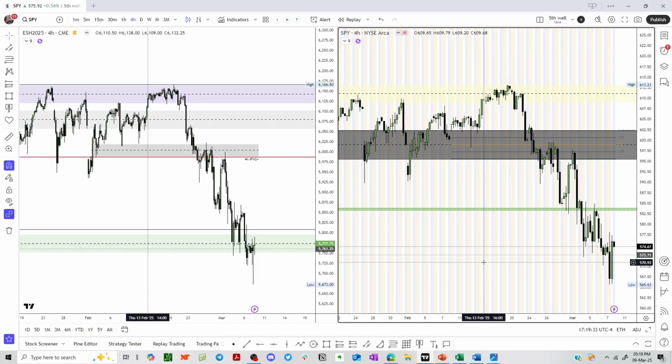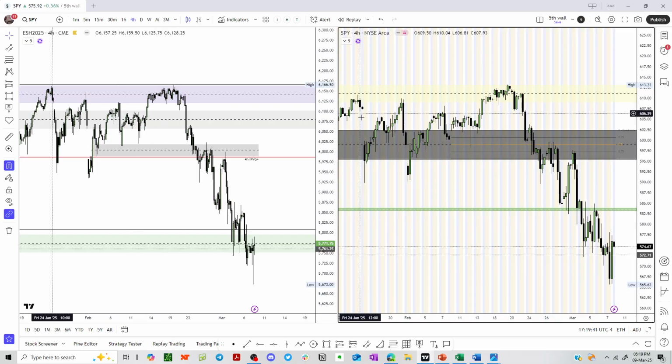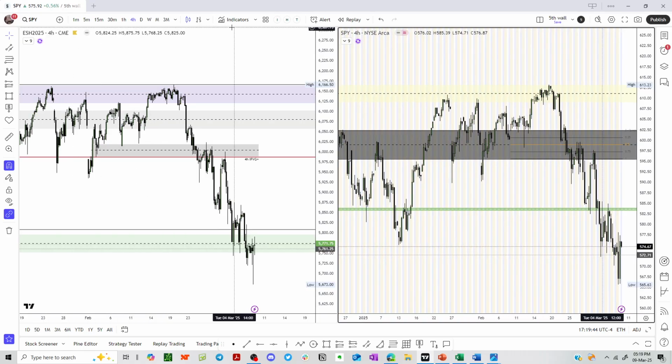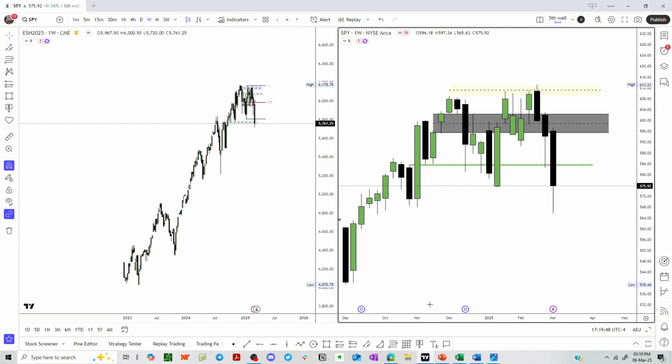We could have done the same thing with those two volume imbalances, or I just incorporated that volume imbalance into the fair value gap. You say, why did I do that? That's literally the only fair value gap here. And that's just the right thing to do, right?